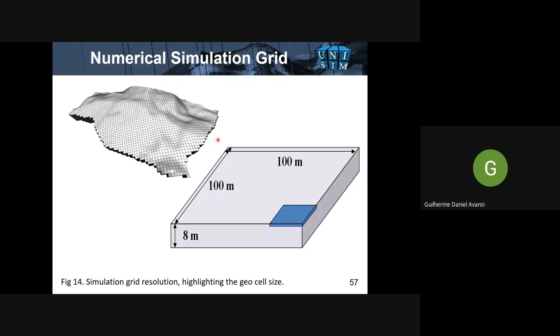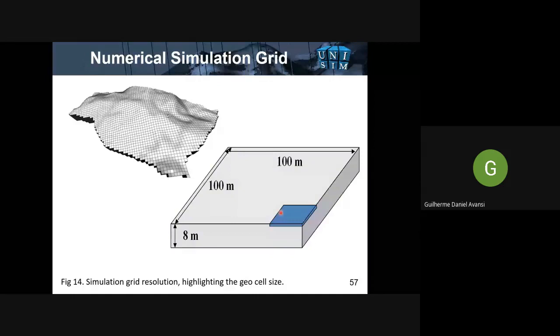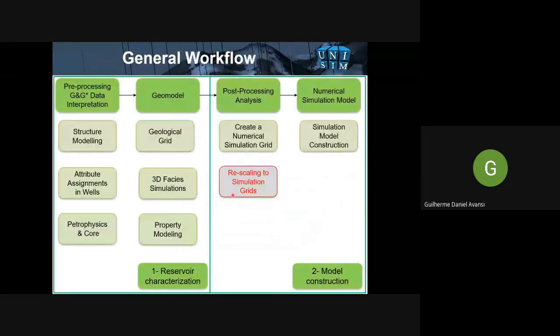For the numerical simulation grid, we have 100 meters here, 100 meters here, and vertically we have 80 meters. So this is the resolution that we have, and this is the geo cell size, 25 by 25 by 1 meter. So we build our simulation grid.